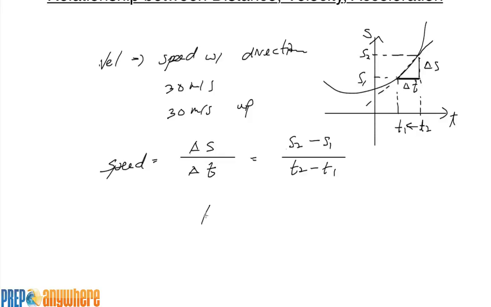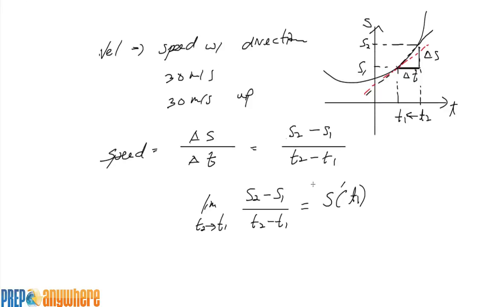So what happens if you take the limit of T2 approaching T1 for this expression? What we get is the derivative of distance at time 1, right? We're going to get the instantaneous slope right there. So the instantaneous velocity at time 1.